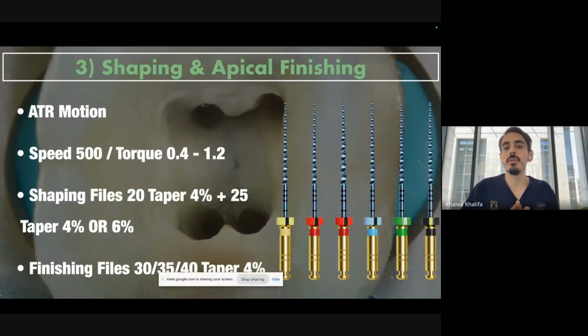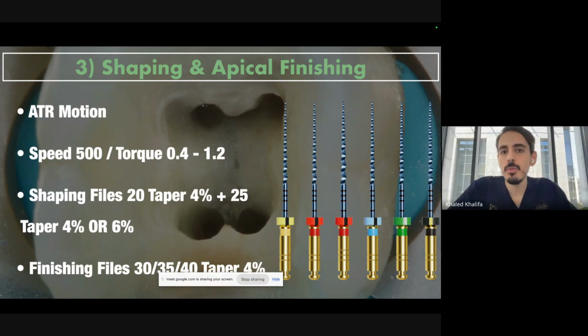So basically, you can do the glide path motion on SSGP, which is the safe glide path motion, or you can do it on ATR motion. ATR is going to be faster and it's going to cut more efficiently, in case you want to make it a little faster during the shaping of the glide path files.